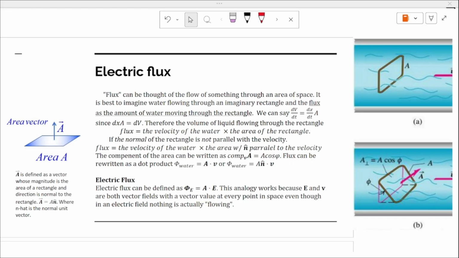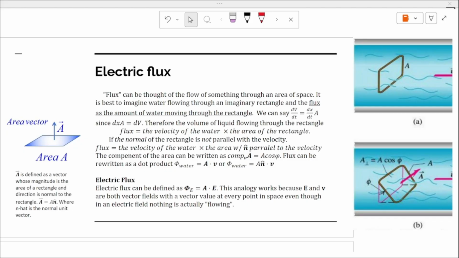We can say that dV/dt equals dx/dt times the area of the rectangle, since the amount of volume that flows through the rectangle is just the linear distance the fluid has traveled times the area of the rectangle. And therefore we say the flux is the velocity of the fluid times the area of the rectangle.